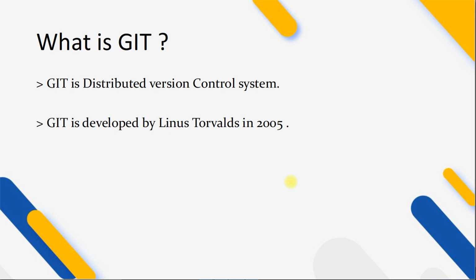So what exactly does distributed version control mean? Now we will focus on that. In a distributed version control system, every user has a local copy of the repository in addition to the central repo on the server side.